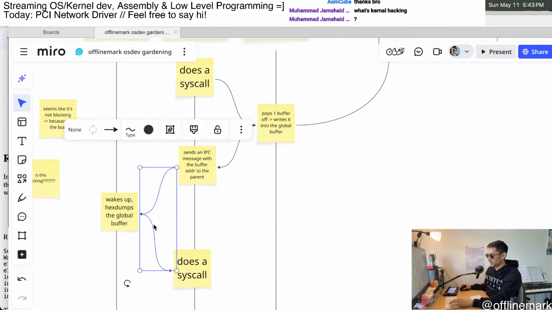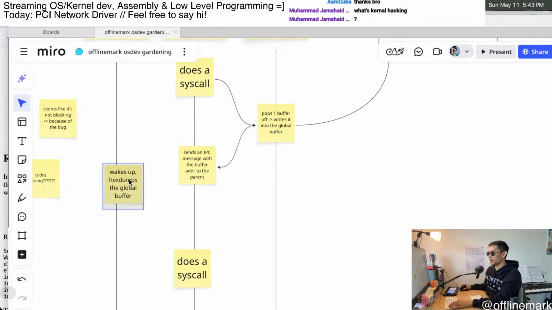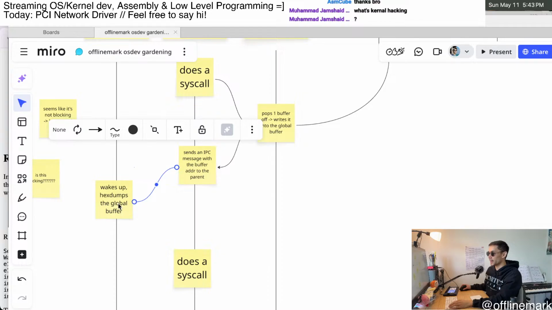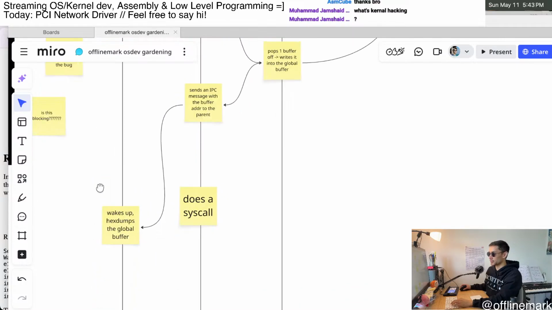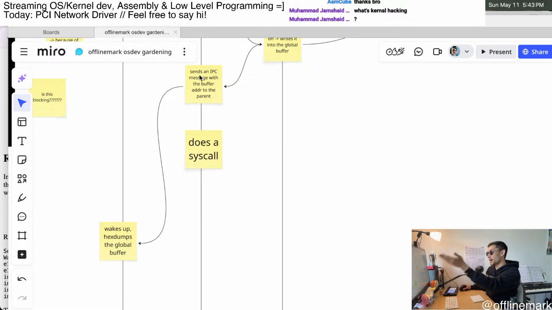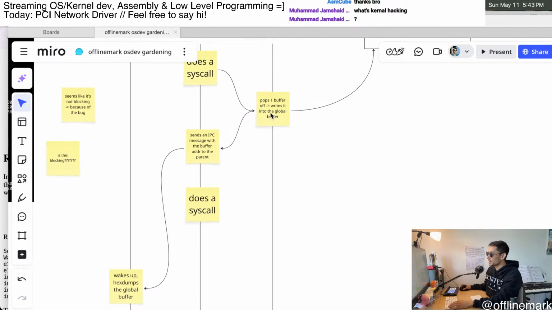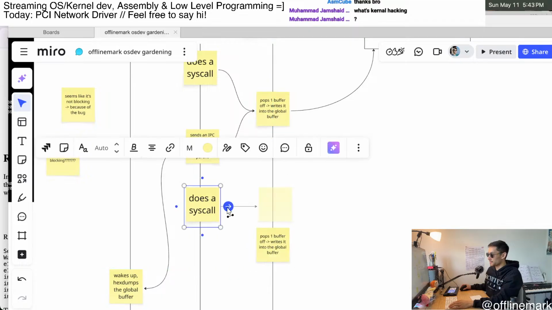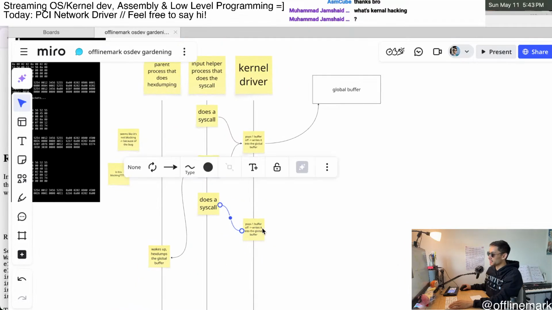And then I'm going to get rid of these arrows which indicate blocking. So it sends an IPC message, but then it keeps going. And let's say it took a long time for this thing to wake up. It sends the IPC message, but then it doesn't block, it just keeps going, and then does another syscall, which triggers the kernel, which actually goes back and overwrites the data.